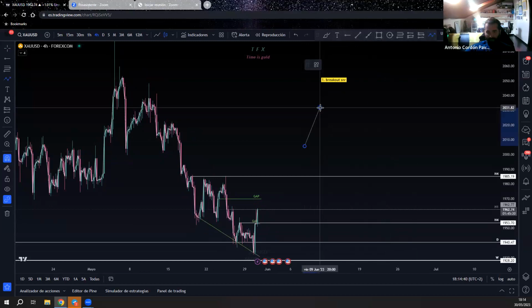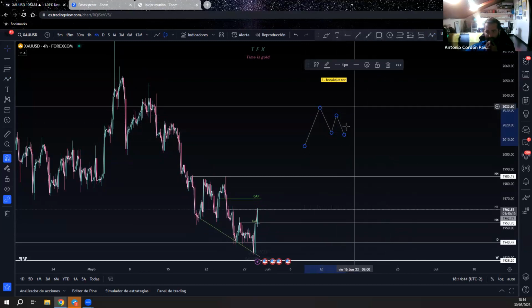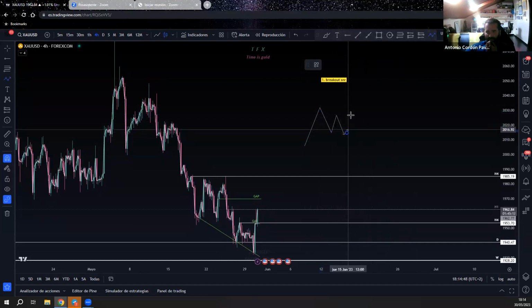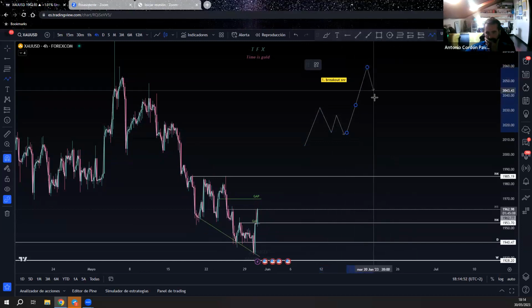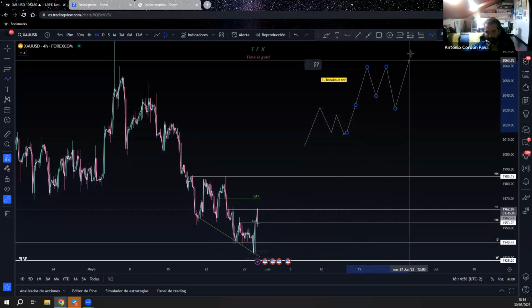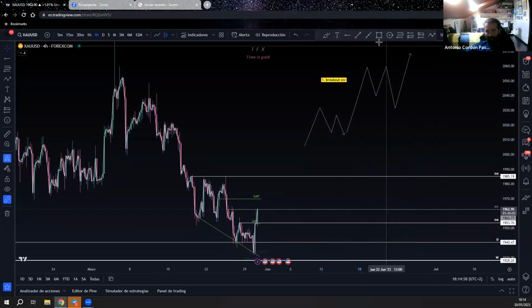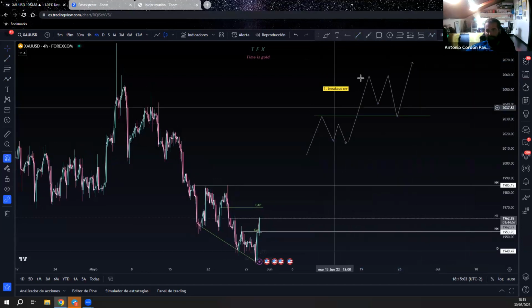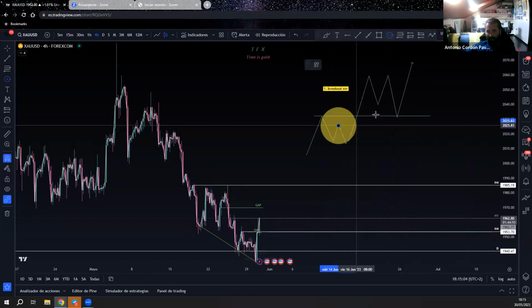We have this, then we have a miss. We confirm the level right here, like that, and then we break. We make a miss again. We confirm the level, and then we bounce from there. And we have this level from here, and we call this breakout SNR.